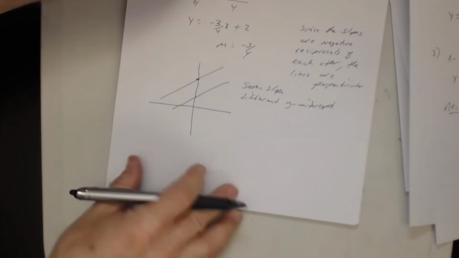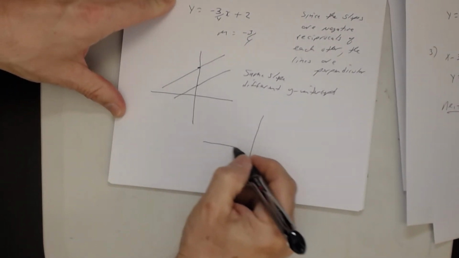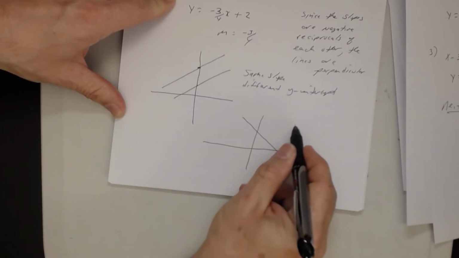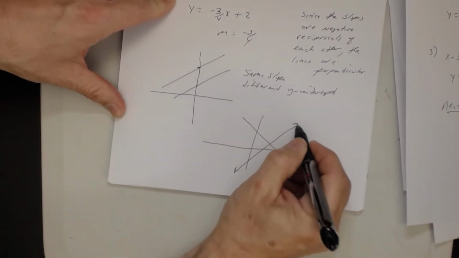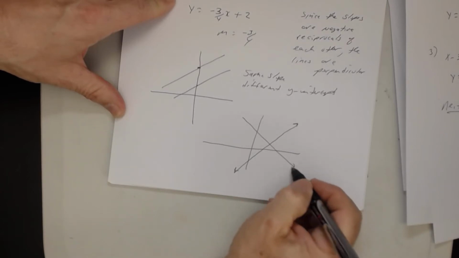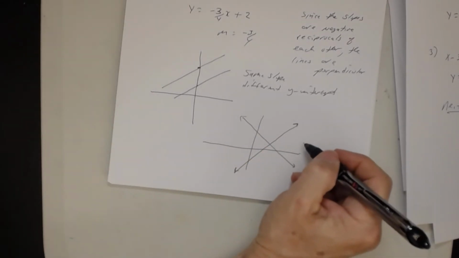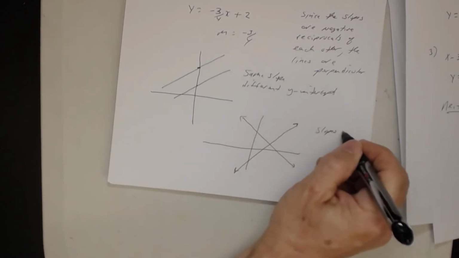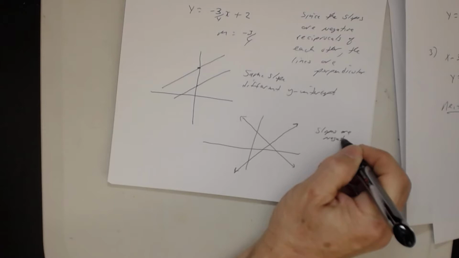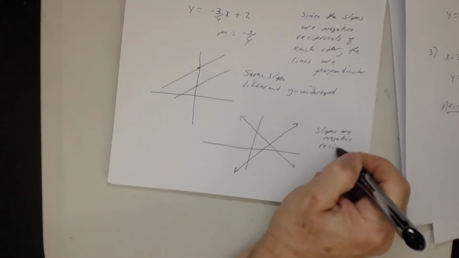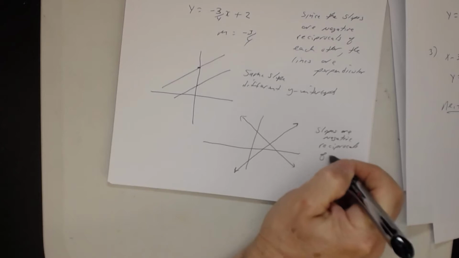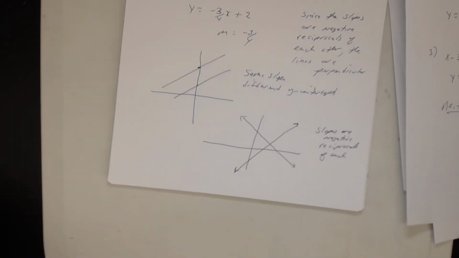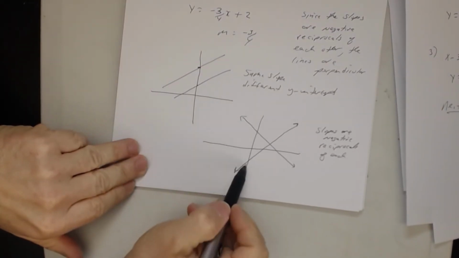Then when we talked about perpendicular lines in a plane, we saw that the slopes are negative reciprocals of each other. So you've got to remember what we mean by negative reciprocal. One's negative, one's going to be positive. So the slopes are negative reciprocals of each other, and then also notice they have different what? Y-intercepts.